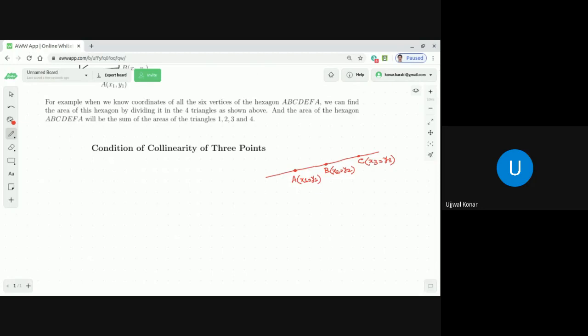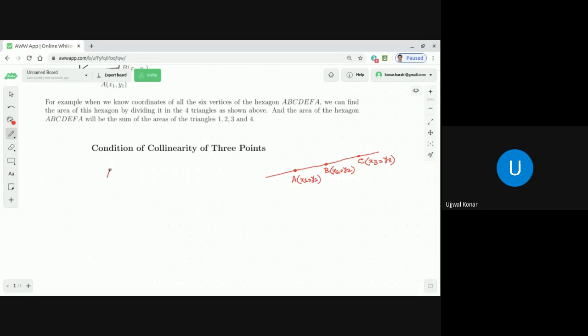But what has been asked of us? Find whether these three points are collinear or not. Now, one thing I can say is that if they are not collinear, then we can construct a triangle and we'll get some value for the area of that triangle. So let's find the area of that triangle.